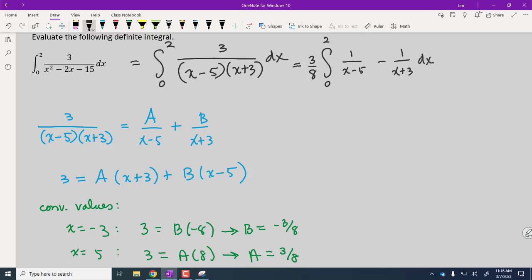Now we can integrate. They're both in log form. The derivative of x minus 5 is 1, which is the numerator. Derivative of x plus 3 is 1, which is the numerator. So they are in log form. So we get natural log absolute x minus 5 minus natural log absolute x plus 3, from 0 to 2.